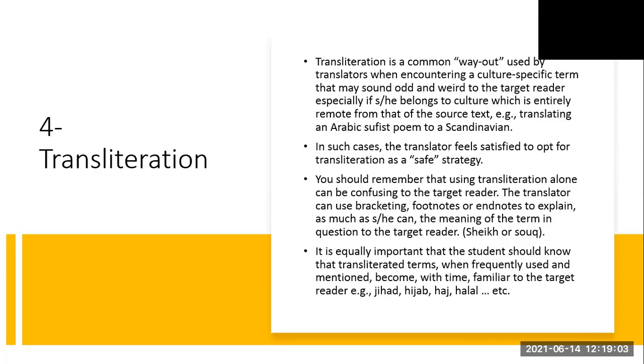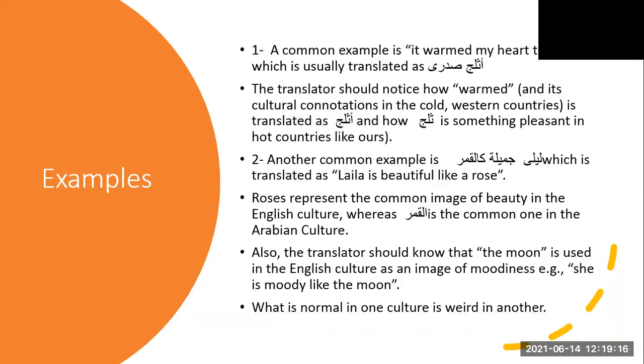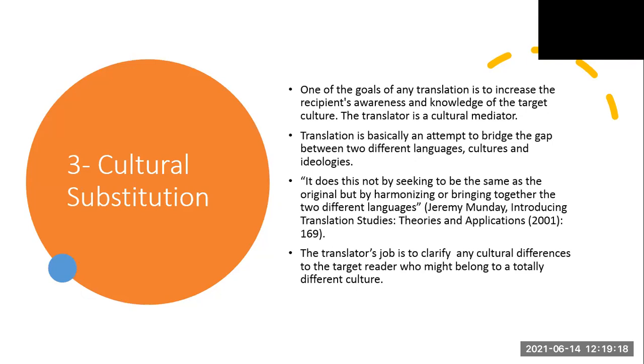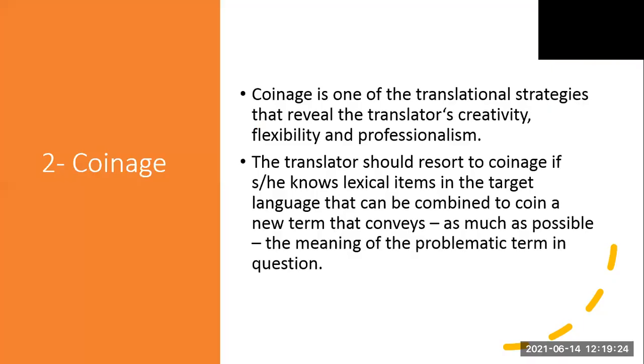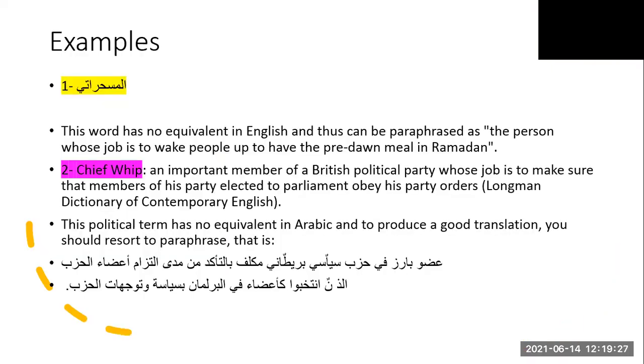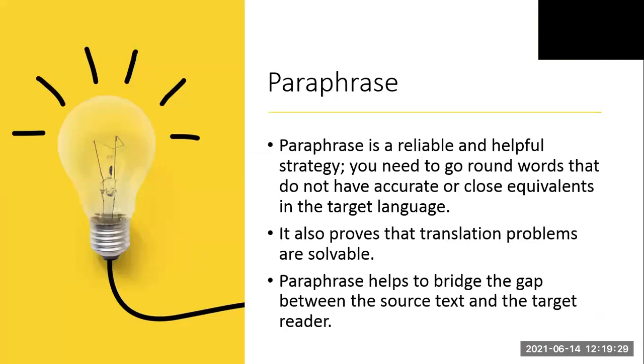We also have transliteration, which is writing Arabic words in English as they are. We have the cultural substitution, coinage, and paraphrase. 6 strategies.